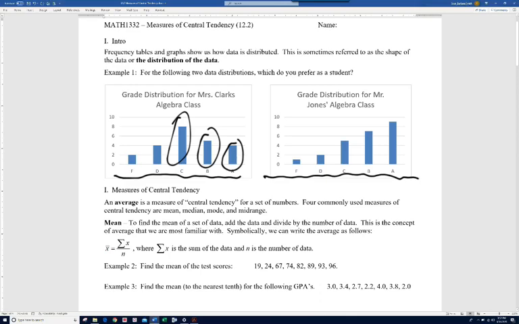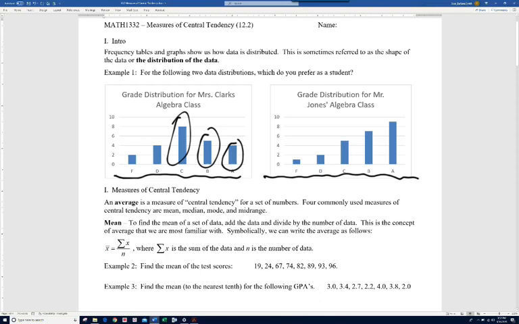But often when we're analyzing data, one of the first things we look at is what's average, or what we call a measure of central tendency. What's in the middle? So it says here, an average is a measure of central tendency for a set of numbers. 4 commonly used measures of central tendency are the mean, median, mode, and mid-range.